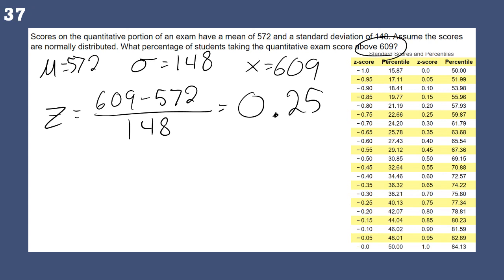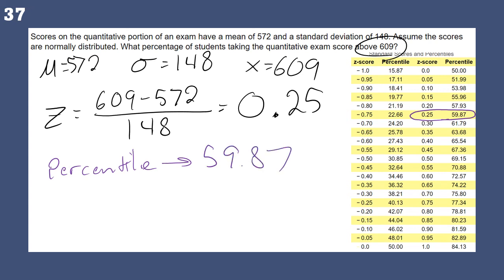So what I want to do is I want to look in my z-score table to find that z-score. And that's not too bad. I actually found it already. It's right there. And so it gives me a percentile of 59.87.